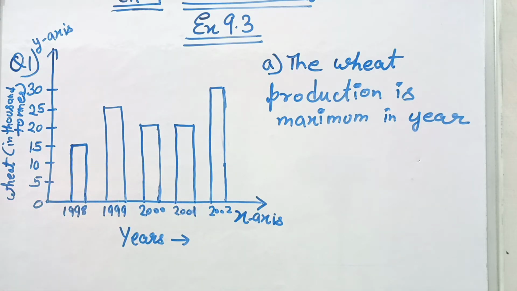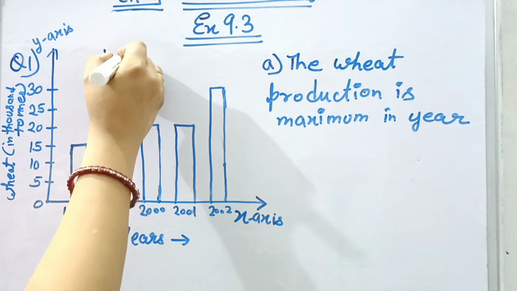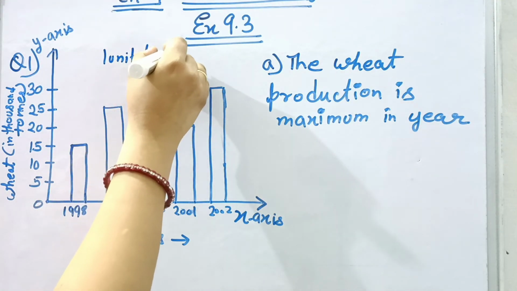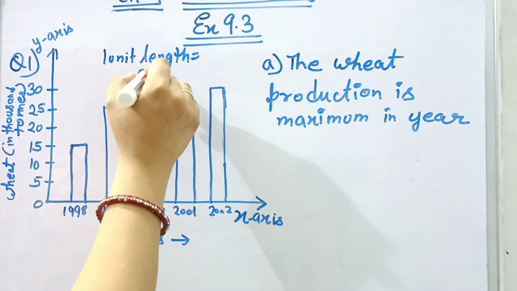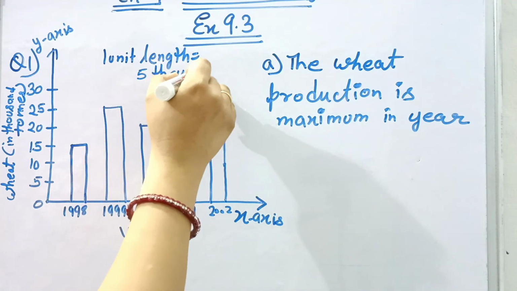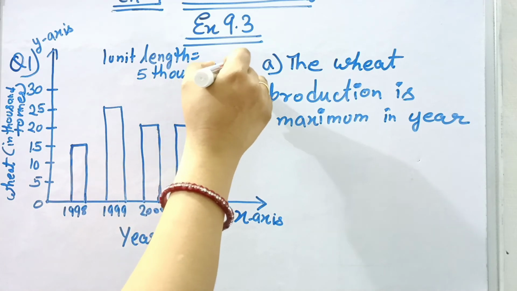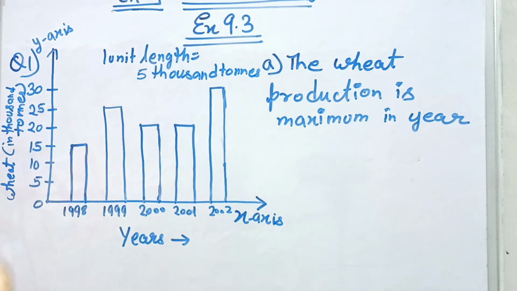And there is one more thing which is written over here, which is 1 unit length equal to 5000 tons. Now what is it? This is the scale. Now what is a scale?